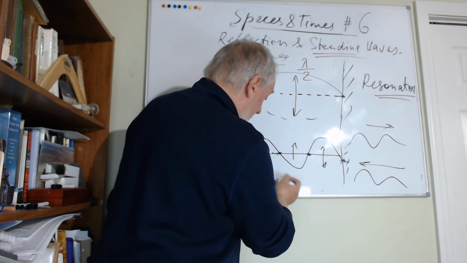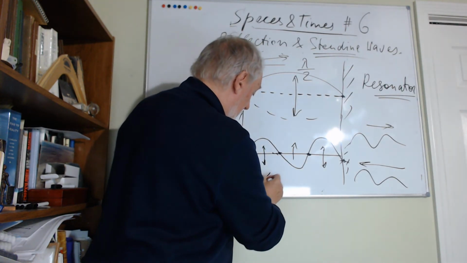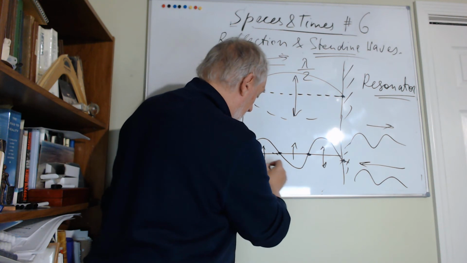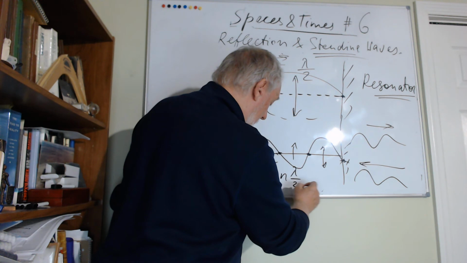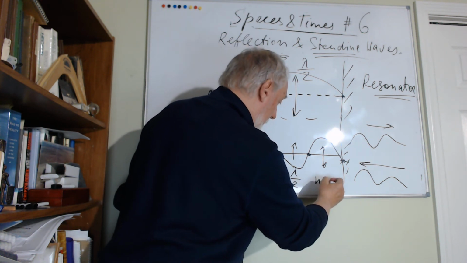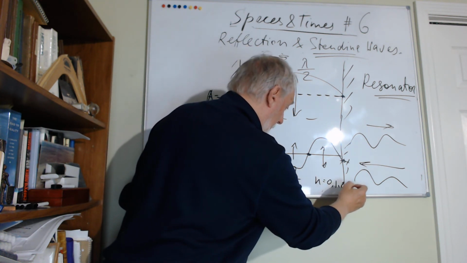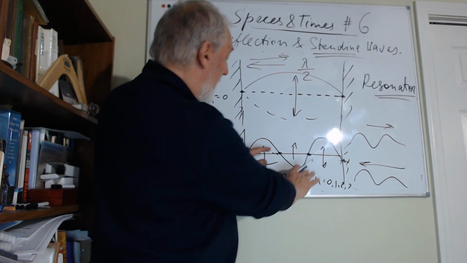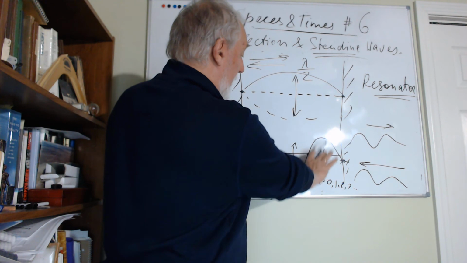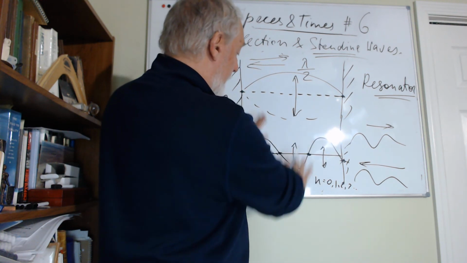So those points aren't really equal, because the one closest to the front is going down while the one to the left of it is going up. No, this when this goes up, this goes down, and this goes up too. That's the trick about standing waves.